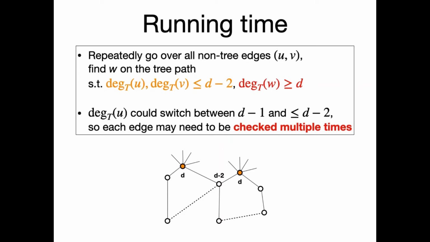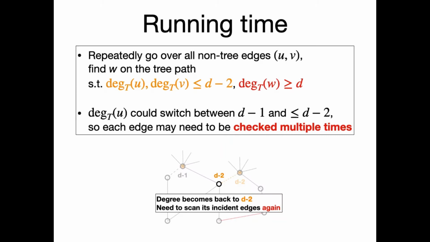For example, in this picture, there is a degree d-2 vertex at the center. Say at some point we have found an edge switch which increases its degree to d-1. After a second edge switch, its degree goes back to d-2 again. And in this case, we have to scan its adjacency list once more because there could be new edge switches incident on this vertex.